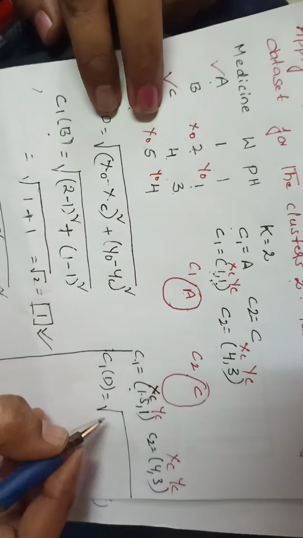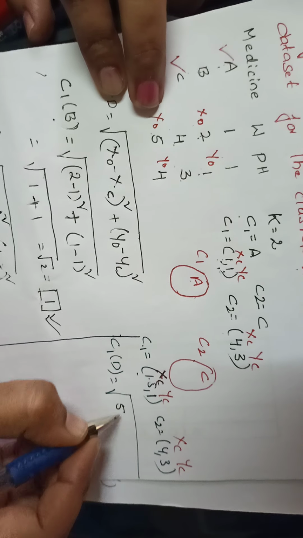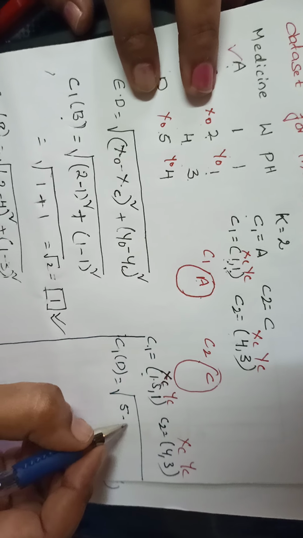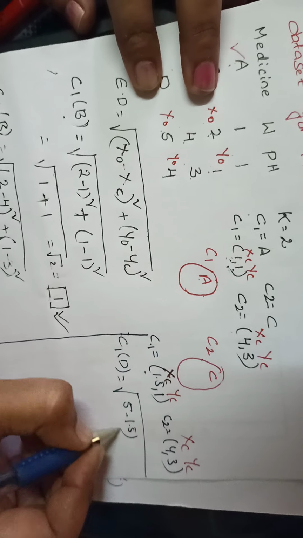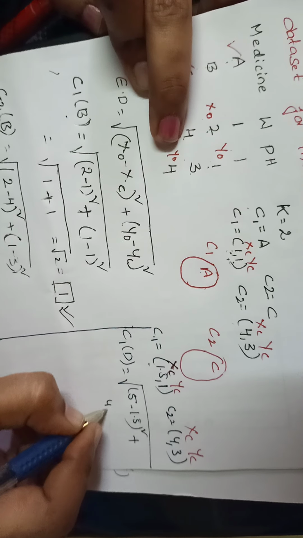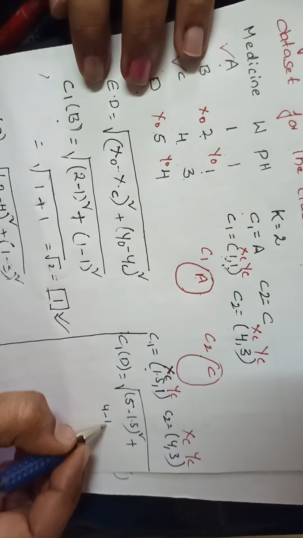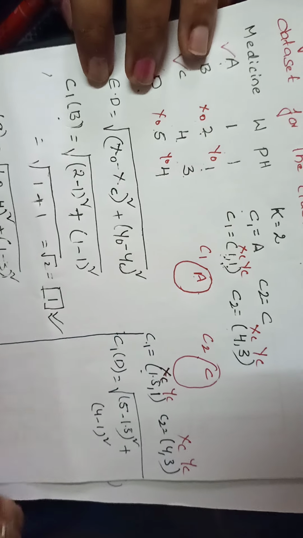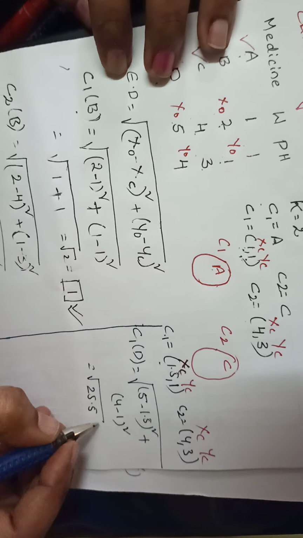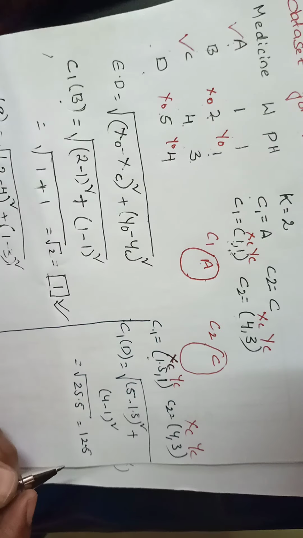Now X observed minus X centered: X observed means 5 minus 1.5 whole square plus 4 minus 1 whole square. Okay, now we will get 12.5.